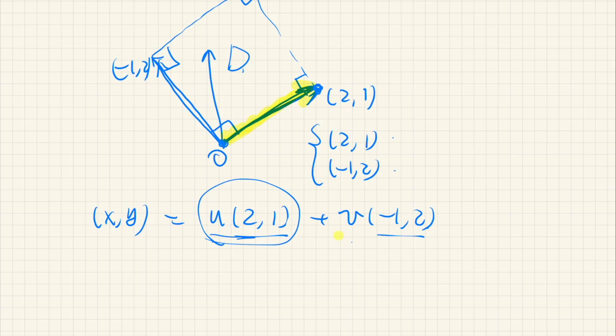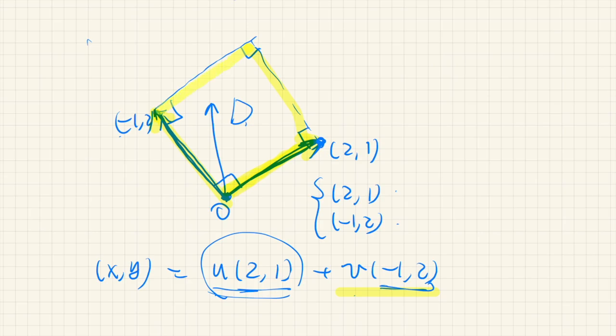And now consider this part. The scaled vector of this vector is between the origin and this point, negative 1 and 2. So the linear combination of these two is somewhere in this parallelogram that is actually a square.